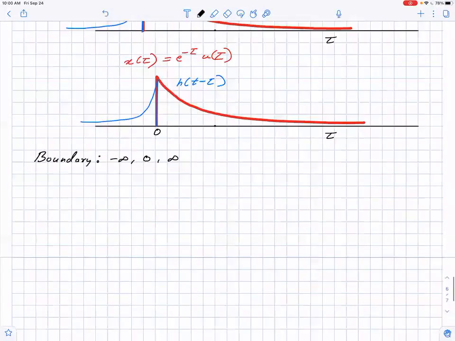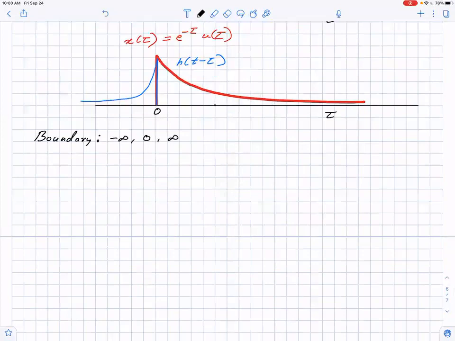Now based on these boundary points, we are going to split the shift range, which is from minus infinity to plus infinity, into various segments. The first region will be from negative infinity up to 0.